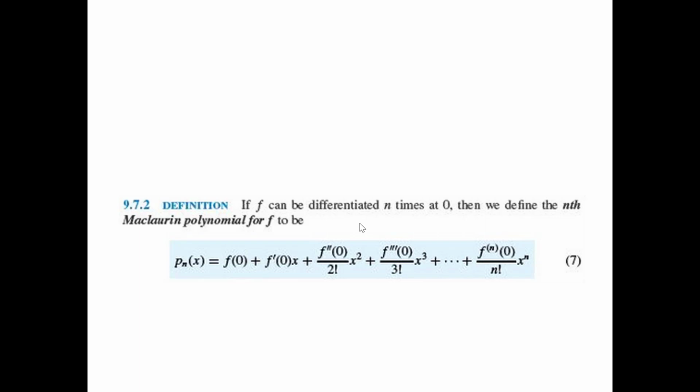Your third term is you take your second derivative evaluated at 0 and divide by 2 factorial times x squared. Your next term is going to be your third derivative evaluated at 0 divided by 3 factorial times x cubed, and so on until you get to n. Your nth term will be your nth derivative evaluated at 0 divided by n factorial times x to the n.